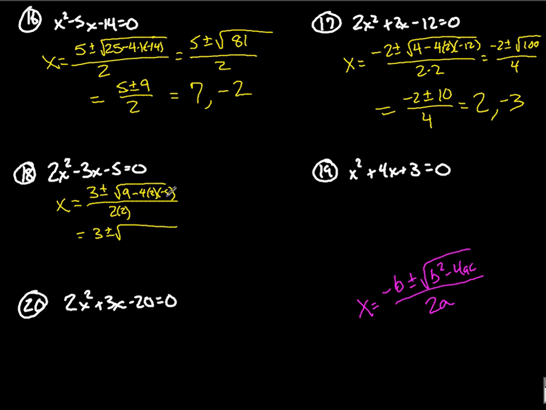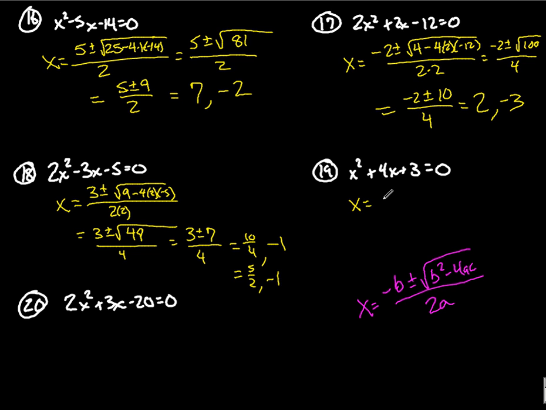I have negative times a negative gives me positive. So 9 plus 40 is 49, all over 4. So I'm going to have now x equals 3 plus or minus the square root of 49, which is 7, over 4. So my answers are, when I add, it'll be 10 over 4. When I subtract, it'll be negative 4 over 4, which is negative 1. I should probably simplify that, and that would become 5 halves and negative 1 as my answer set.